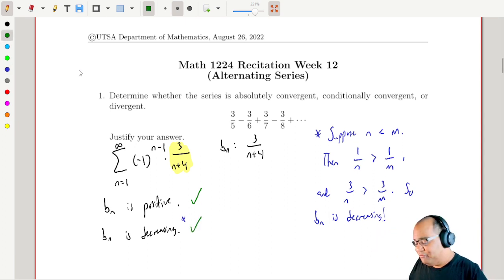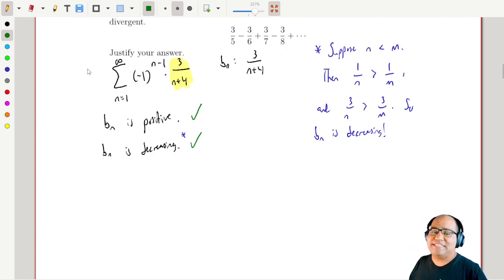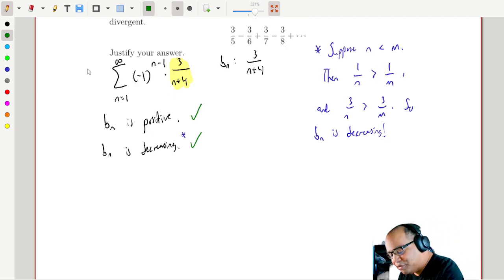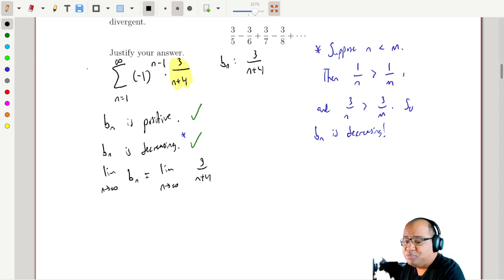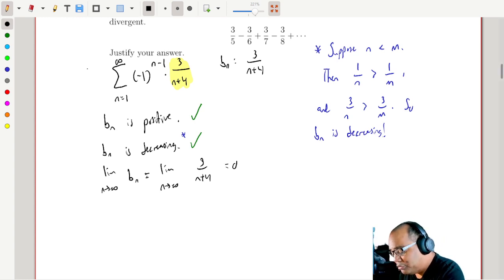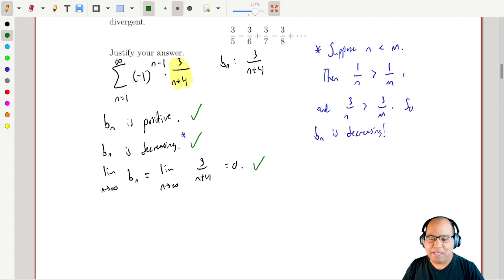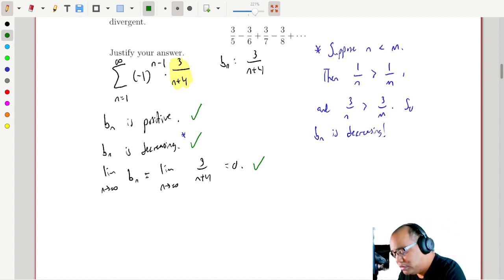And now what's the last part that we need for the alternating series test? We need to make sure that this thing has limit 0. And that's very much clear here. So the limit as n approaches infinity of Bn, we have the limit as n approaches infinity of 3 over n plus 4, basic calculus 1 limits. That limit is 0. So we have a helper sequence that is positive, decreasing with limit 0.